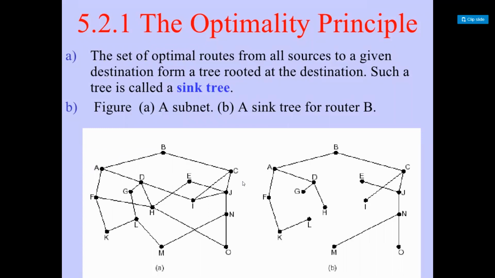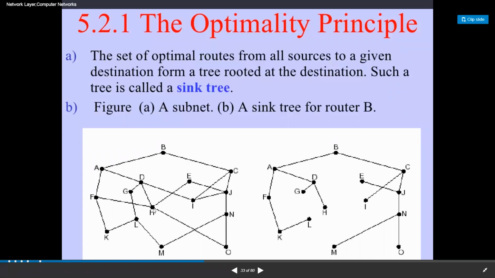The set of all optimal routes, that is A to H, B to H, C to H, from all sources to a given destination, forms a tree rooted at the destination. Let us assume H is the destination; from all other routers we need to draw lines that will form a tree. That tree is called a sink tree.